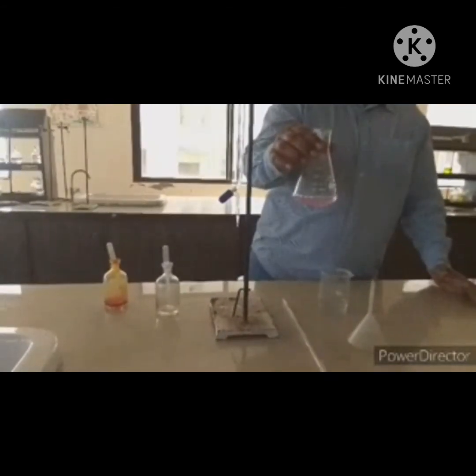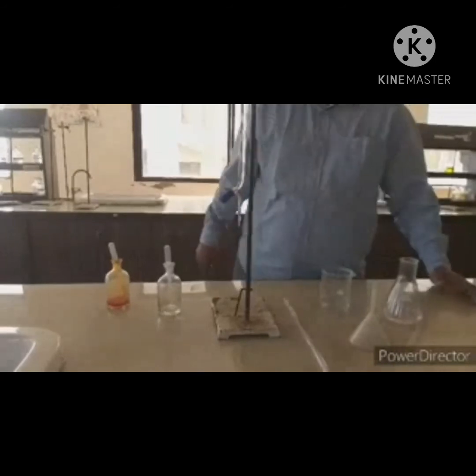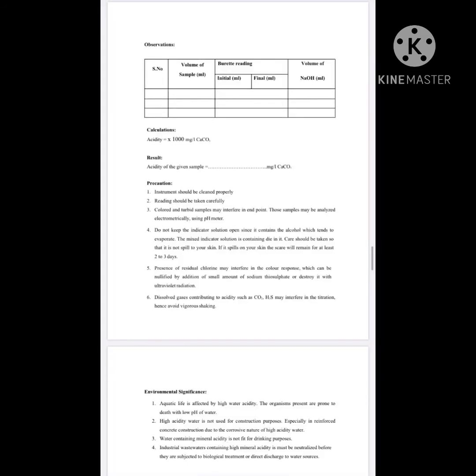So very light pink color has appeared. Now we'll stop the titration, and just like as the alkalinity experiment, we'll note down the final burette reading.